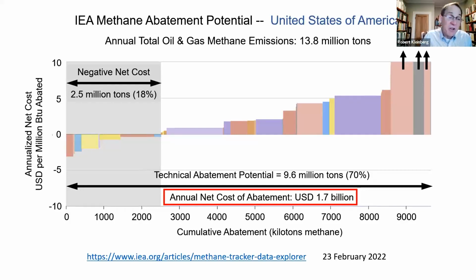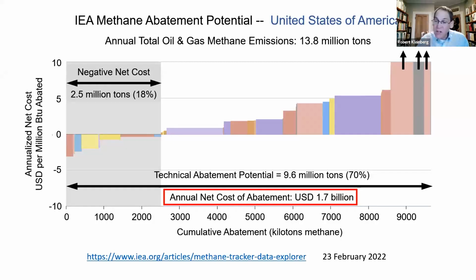The vertical axis is the annualized net cost in dollars per million BTU abated. A million BTU is 1,000 cubic feet, or about 30 cubic meters of gas. If you figure what you can sell the gas for, basically the annualized net cost of abatement is about $1.7 billion.